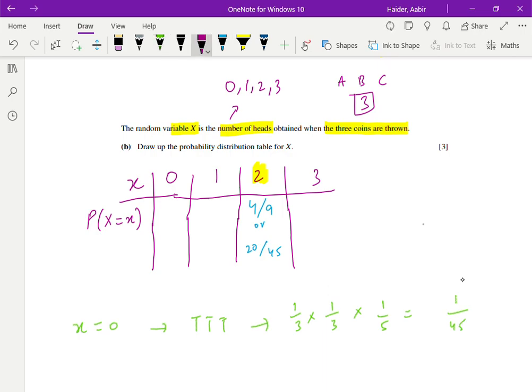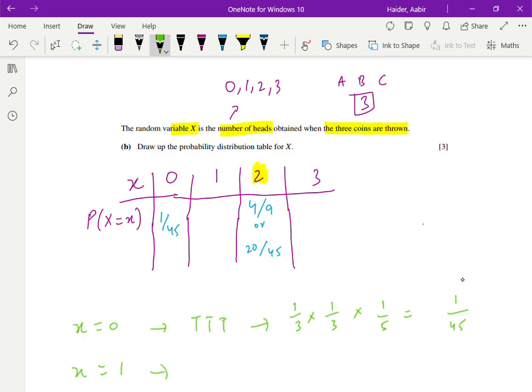So 1 over 45 you can write here, and that was the reason I wrote this 20 over 45 with 45 denominator, so that I can add them up, or whatever I want to do for verification I can do easily if their denominators are the same. You must have got it now.